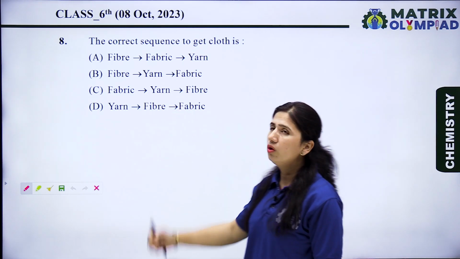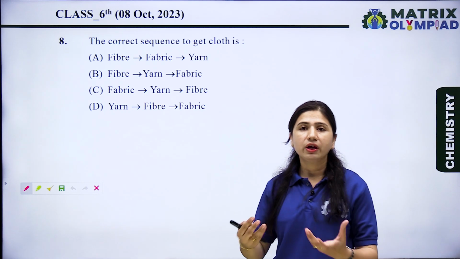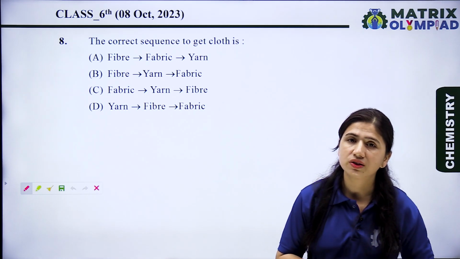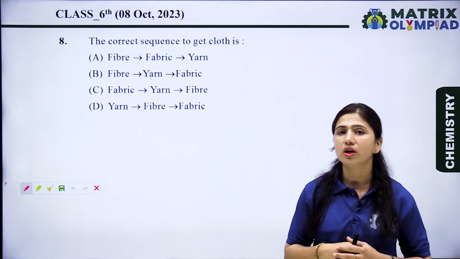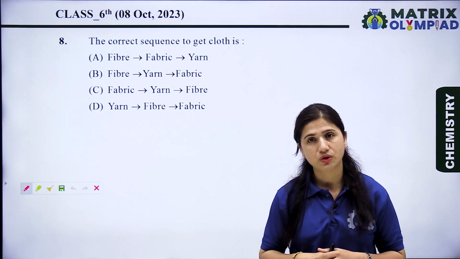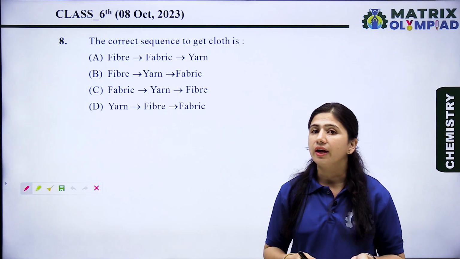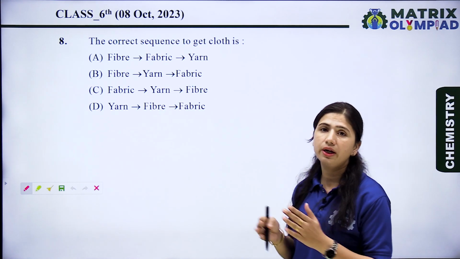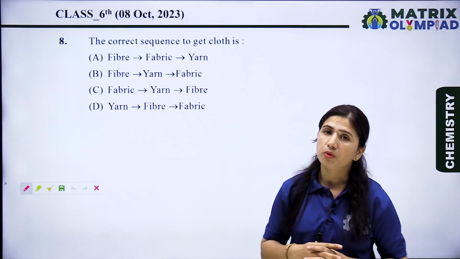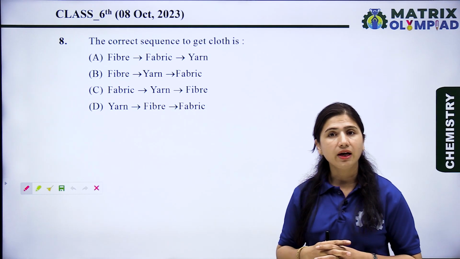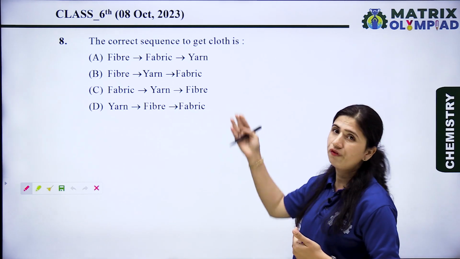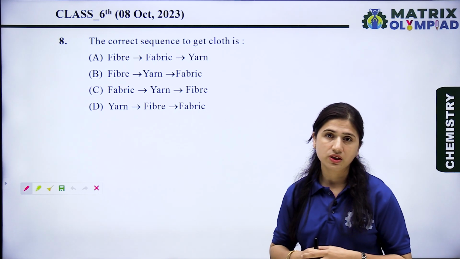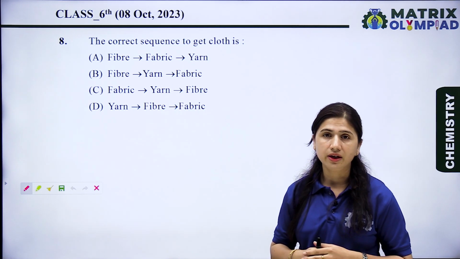We all know that firstly we get fiber from the seeds of the cotton ball, and this process is known as the ginning process. Now after that the fiber is converted into yarn by the process spinning, and after that the yarn is converted into fabric by the two processes, weaving and knitting.